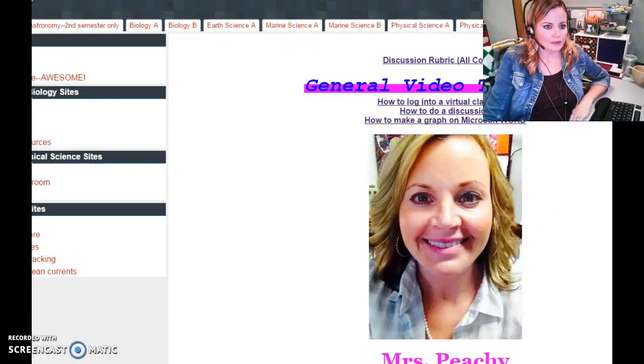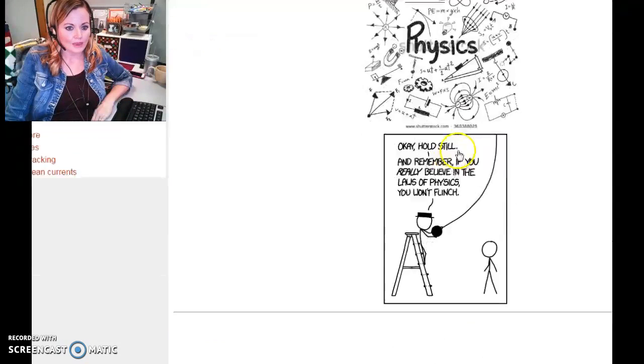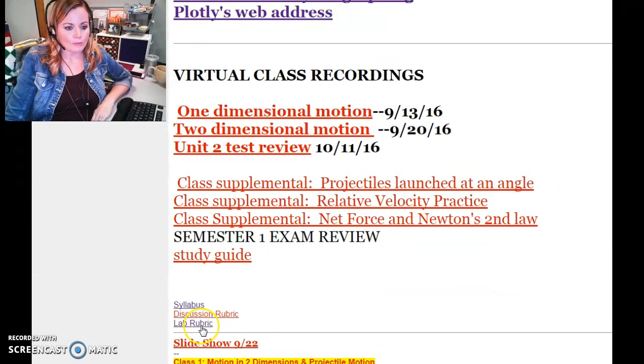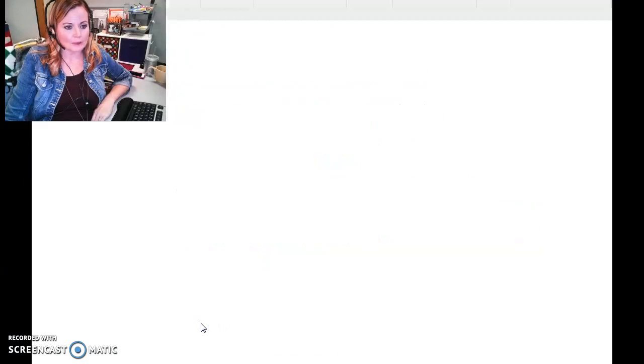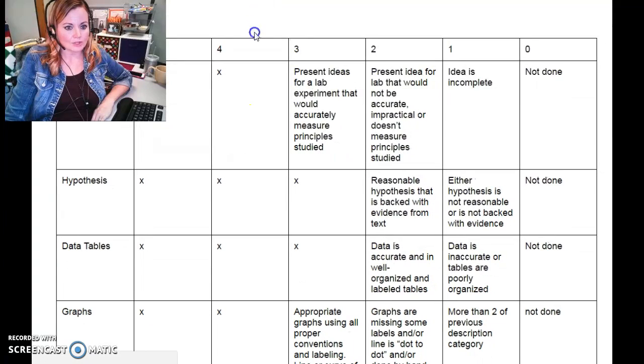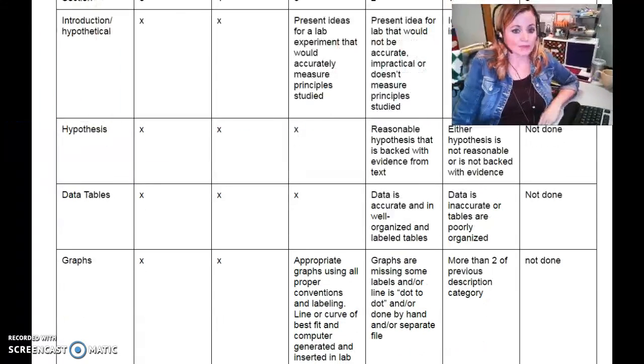You will click then on Physics A and scroll down until you see the lab rubric right here. When you bring this up, it is a much more detailed rubric that is much more in line with what you need to do. The first part of it is your hypothesis and introduction.